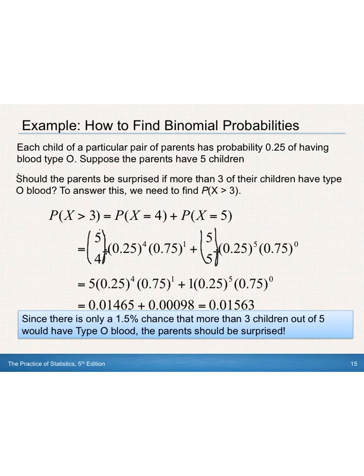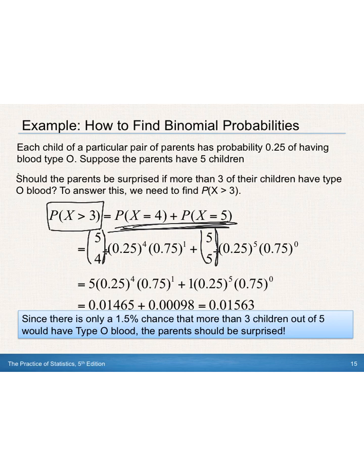So if we wanted to check to see if more than 3 kids having type O blood, what's the probability of that? Should they be surprised if more than 3 of their kids have it? We would then look at just the probabilities of x equals 4 and x equals 5.